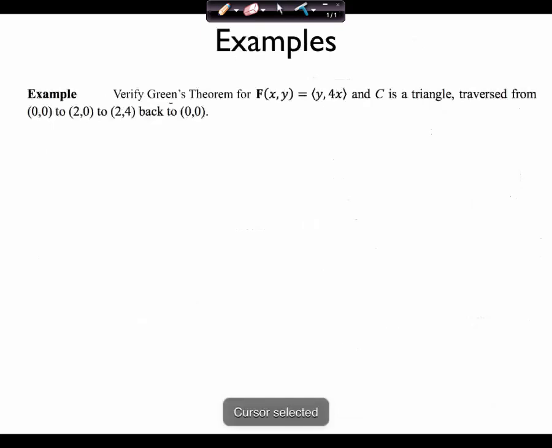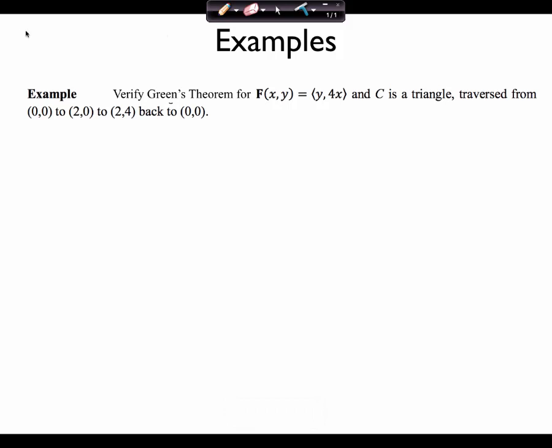Okay, so examples. Here I want to verify Green's theorem. What does it mean to verify a theorem? You're going to do both sides and show that they're equal. So what are both sides?